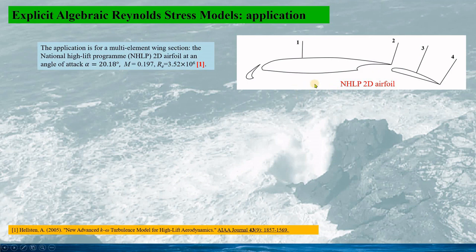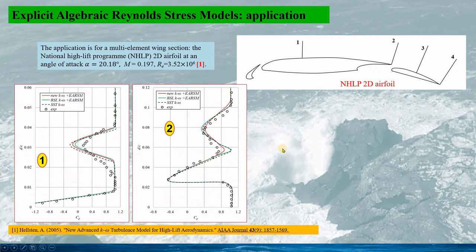This airfoil is a 3-element airfoil, and the comparison is made for the angle of attack 20.18 degrees at the Mach number 0.197 and the Reynolds number 3.5 million. The pressure coefficients at station 1 and station 2 are compared.